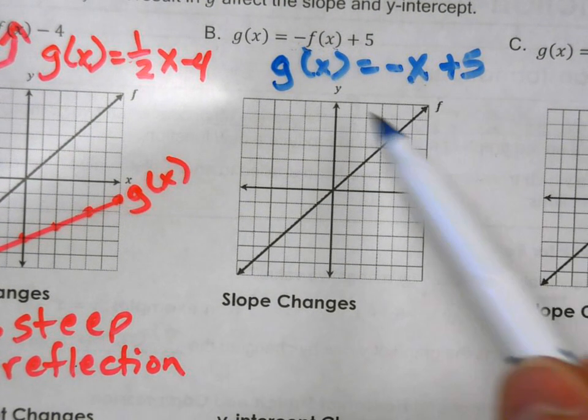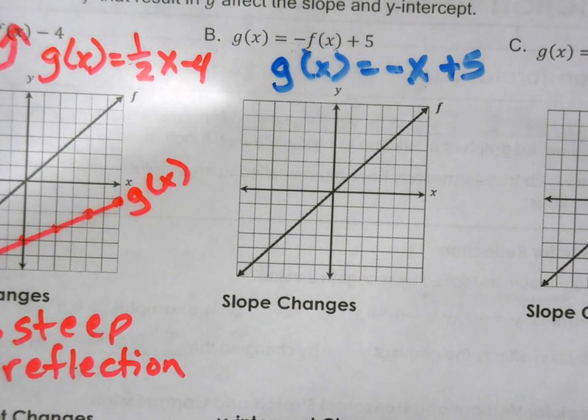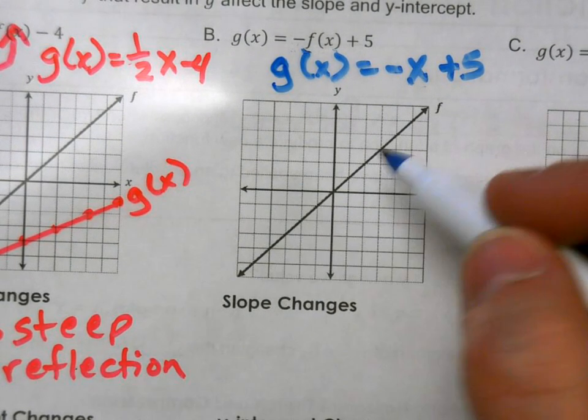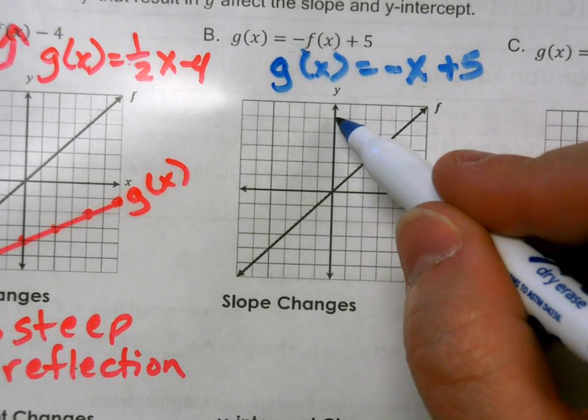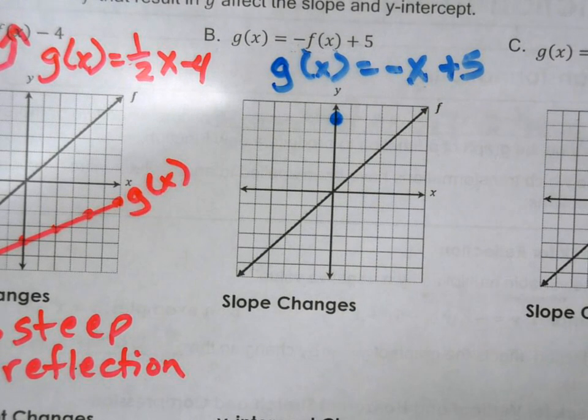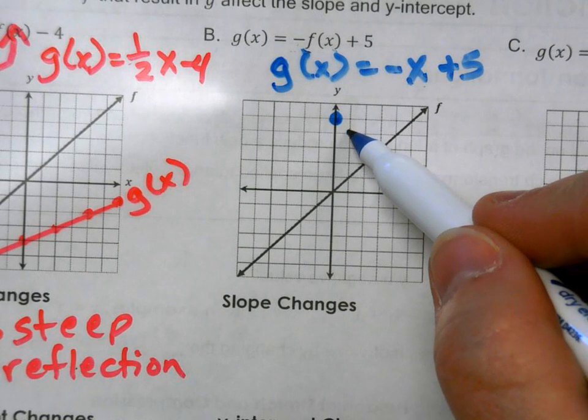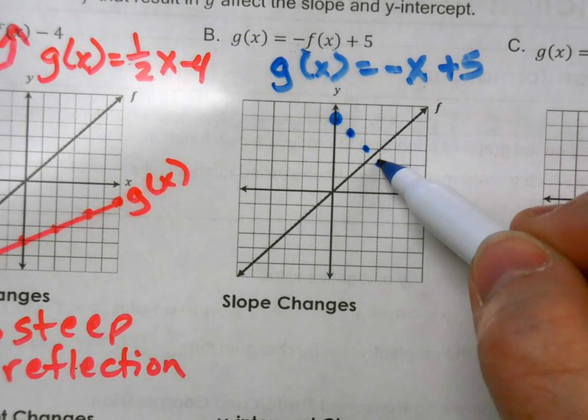So now, if I look at this, where am I going to start? At positive 5. Okay. And then what? Down 1, over 1.